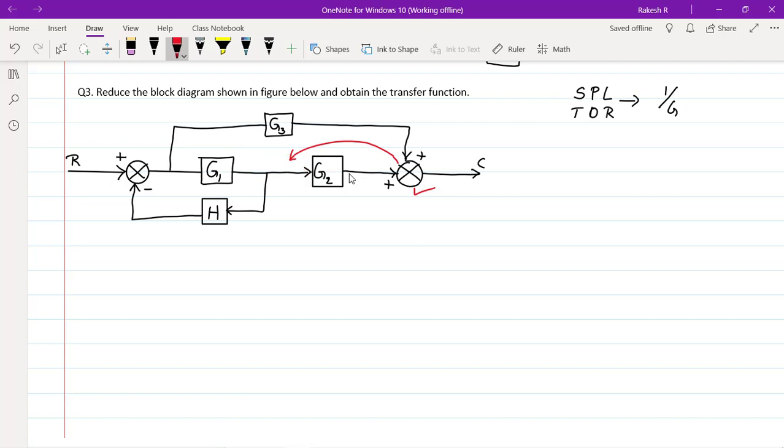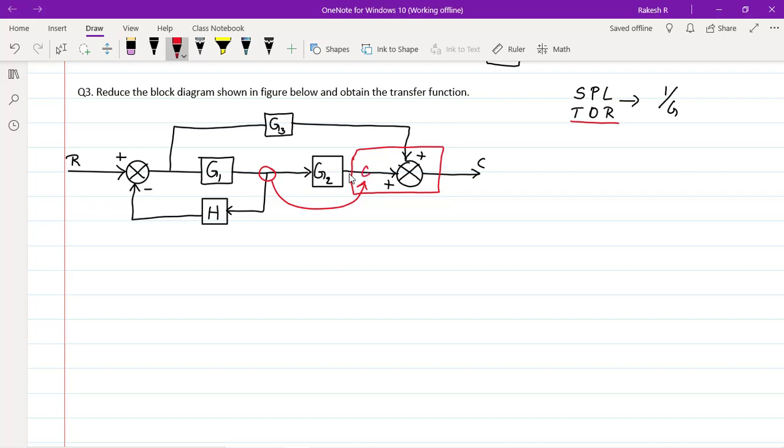Right. Now the next step is to check for the takeoff point towards the right. First, I'll take this takeoff point and shift it towards the right. When I shift it, I'll have a takeoff point here and a summing point here.